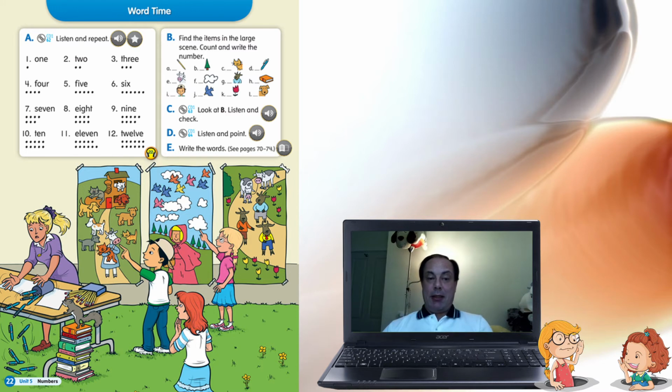This is page 22 in the student book, and the first thing we will do is say some numbers. I want you to listen and repeat.